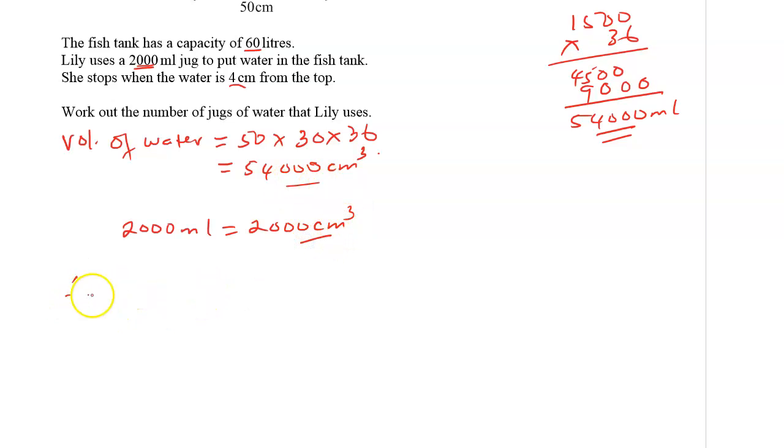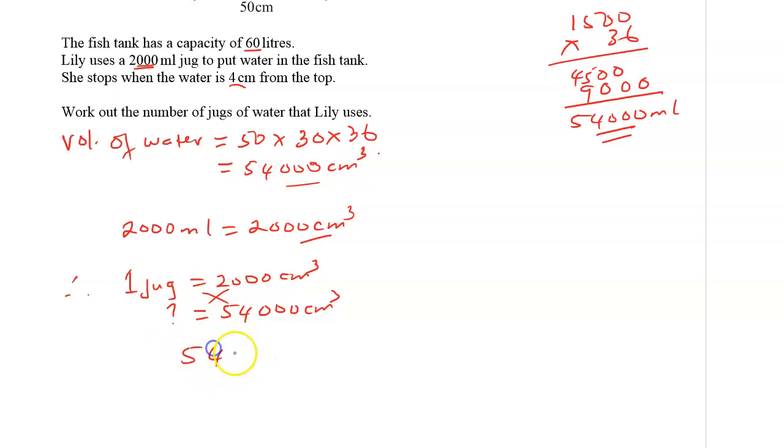So therefore 1 jug is equal to 2,000 centimeters cubed. So how many jugs will 54,000 centimeters cubed be? Therefore you cross multiply, so it will be 54,000 centimeters cubed divided by 2,000 centimeters cubed.